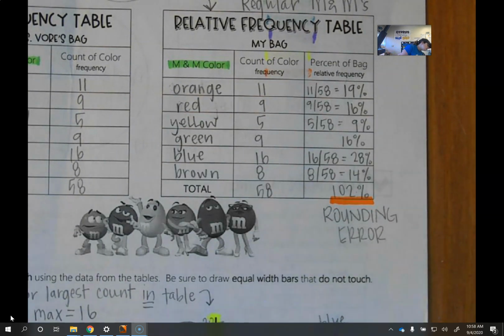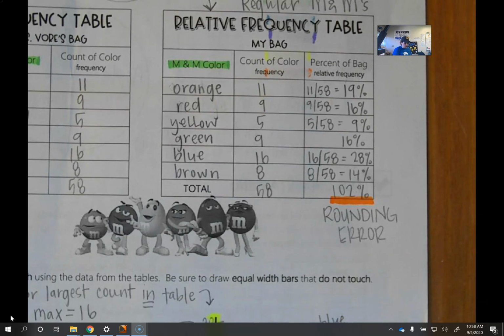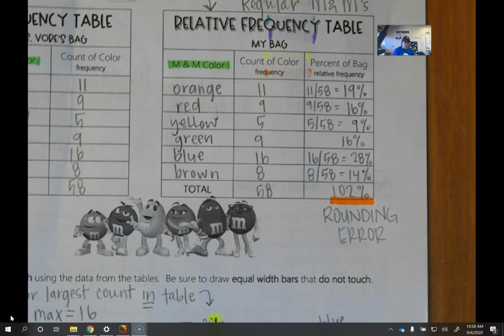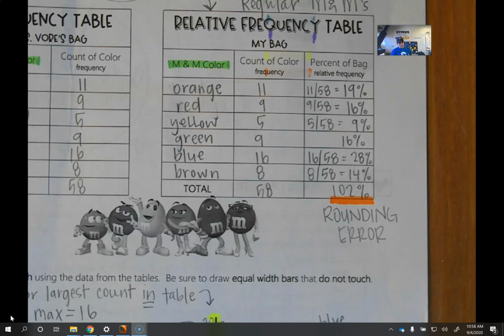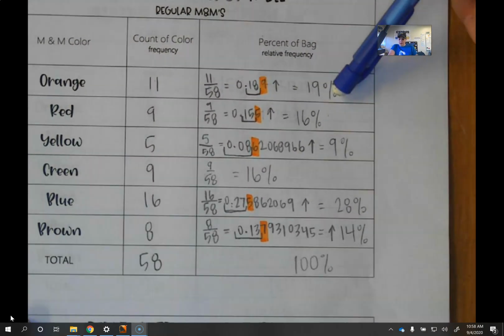So if you need a little bit of extra support with that, you're definitely going to want to go back and watch that video. I think that it will be very helpful to some of you guys. So I'm going to pull up the paper that I used when I went through calculating decimals.